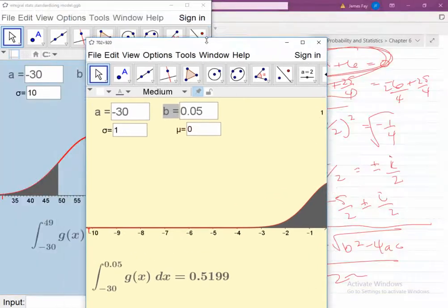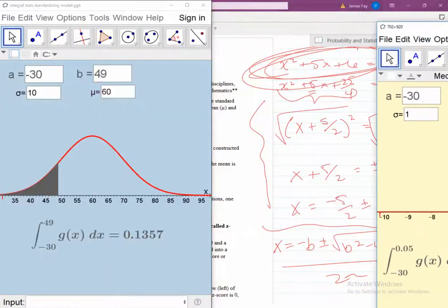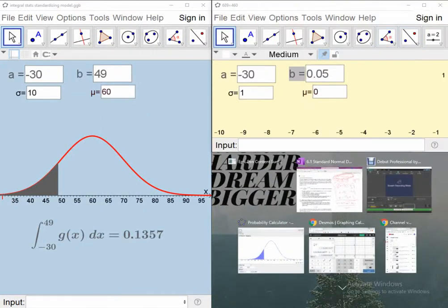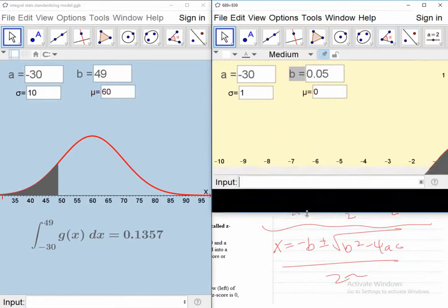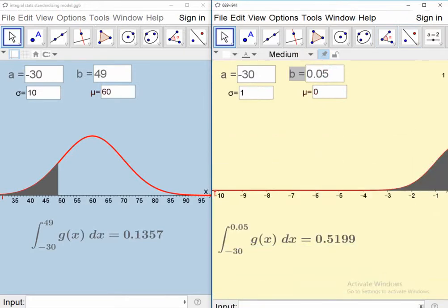Okay. So what we did yesterday is that we took an actual data score of 49 and converted it to a z-score using x minus mu over sigma, and it converted to negative 1.1.